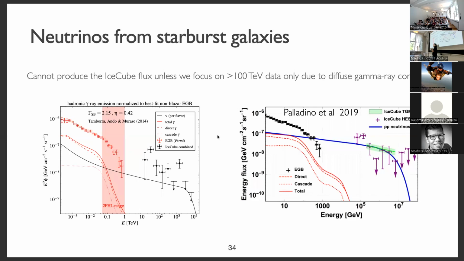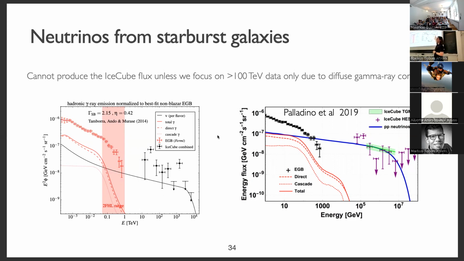They are allowed to contribute only to the total diffuse gamma ray emission that we see after we've subtracted the blazars. So this is a problem for starburst models, but if one is happy to give up on these low energy data, and say that they come from some other population, then the medium energy data, or I don't know, this is not the correct term.